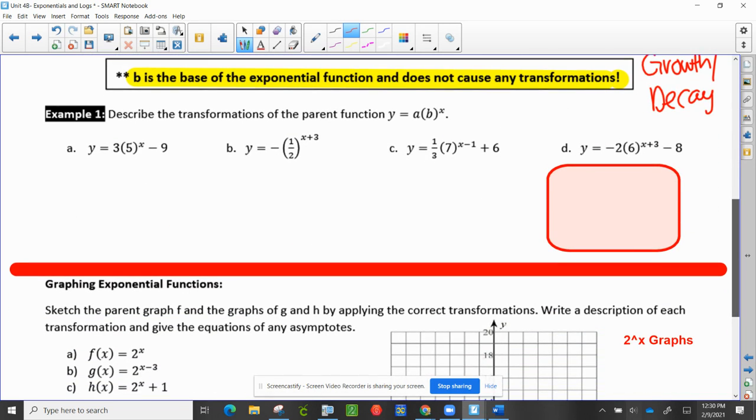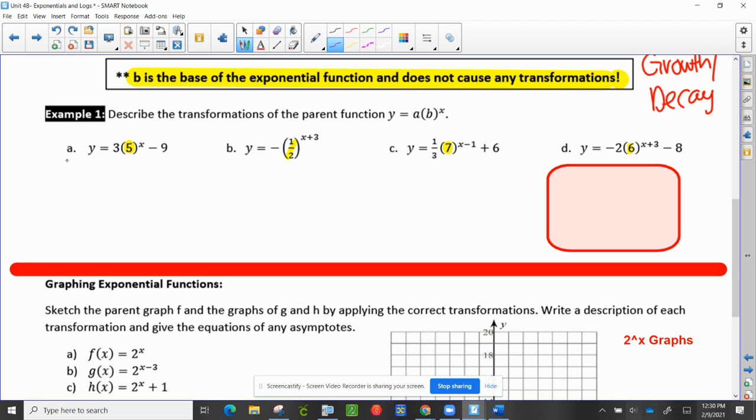So let's start by naming some transformations. In each problem, the base value, the b value, in this one it's 5, then 1/2, 7, 6, those are not transformations. Those are just the base of the problem. The only thing that's a transformation is anything outside of that.